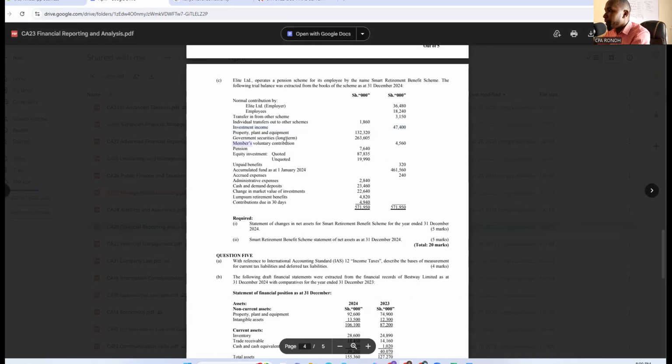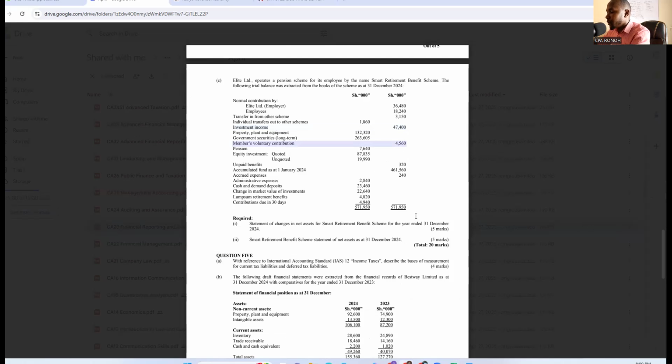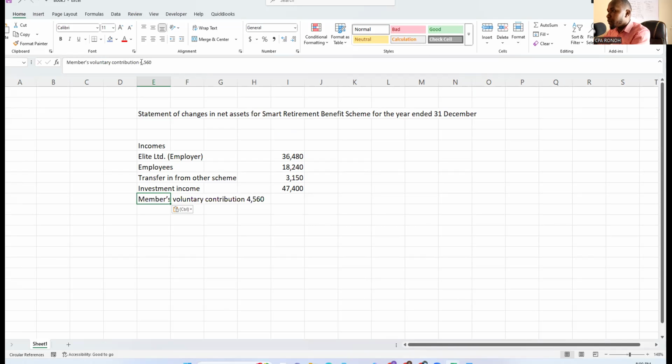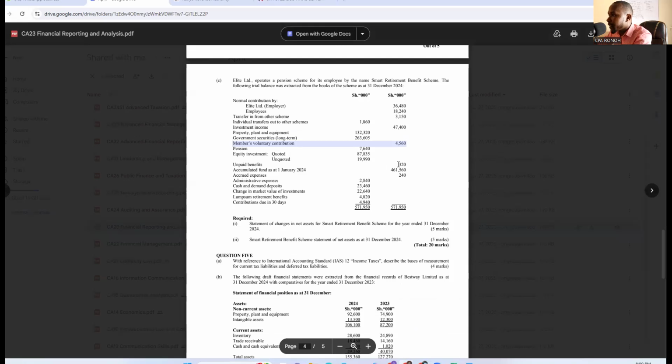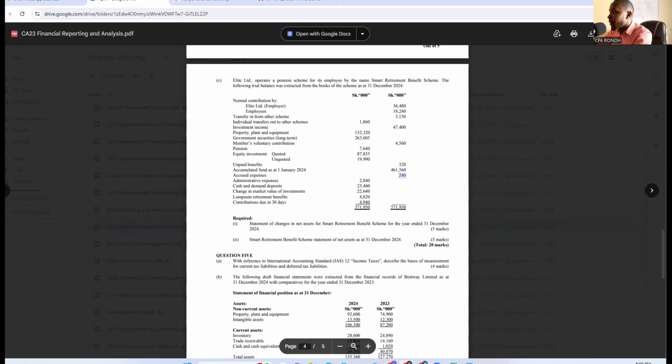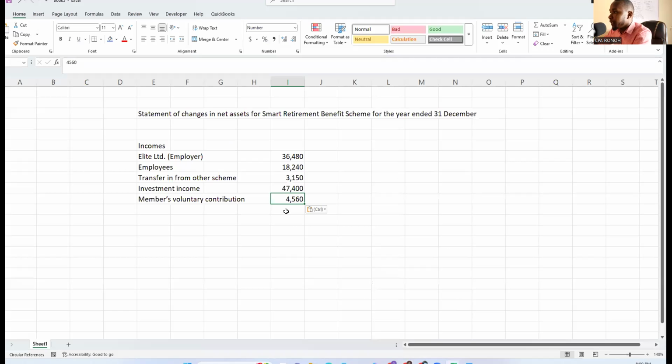We have the members' voluntary contribution, which we will put here. If you check this one, this is unpaid benefit. This is an accrued liability or expense. So we have exhausted the incomes or inflows in this case.